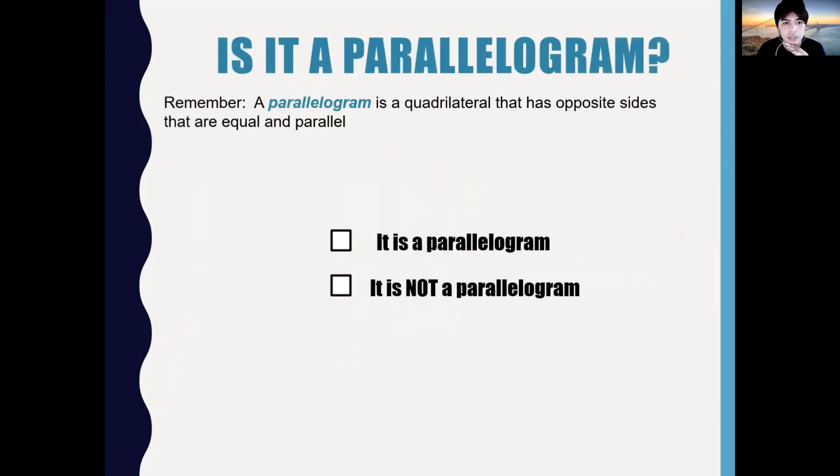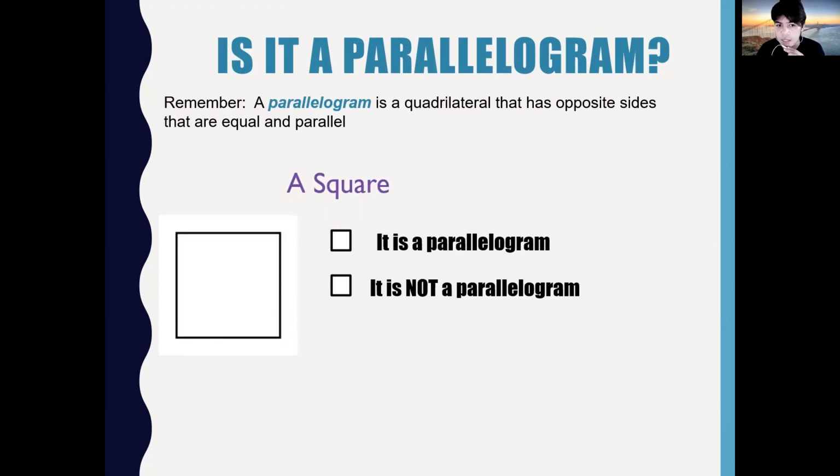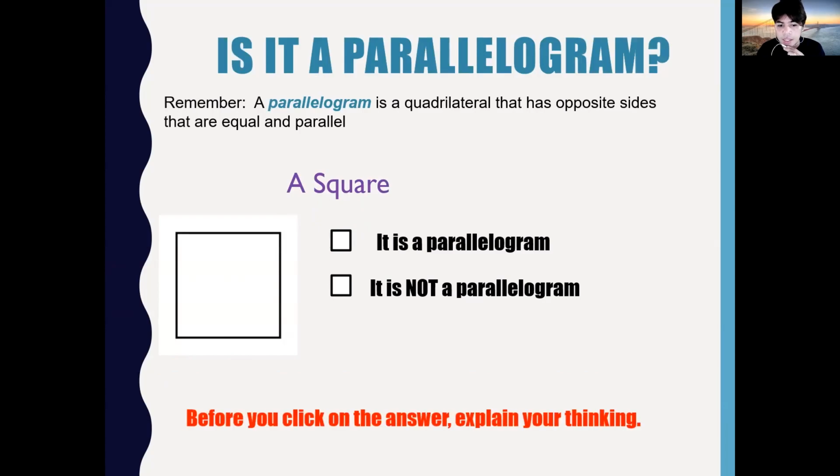So is it a parallelogram? We need to remember that a parallelogram is a quadrilateral that has opposite sides that are equal and parallel. So we have a square. Is it a parallelogram or is it not? Yes, a square is a parallelogram.